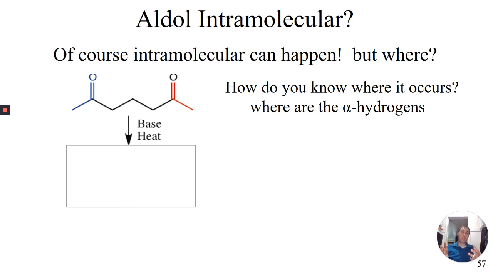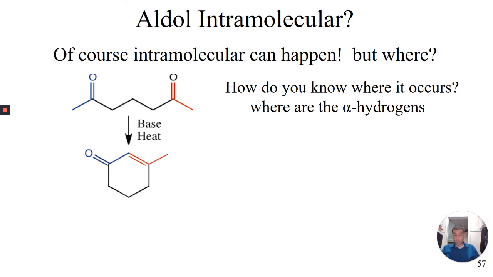So when we look at this particular reagent, there's lots of alpha hydrogens. Which alpha hydrogen gets removed to form the nucleophile that can then react with the other carbonyl as the electrophile? How that ultimately gets decided has a little to do with the base strength, but it is actually driven a lot more by the product formed.